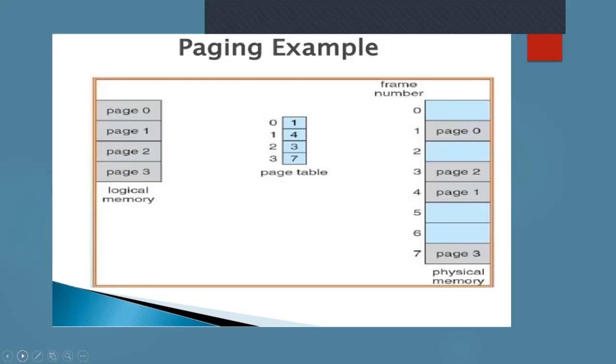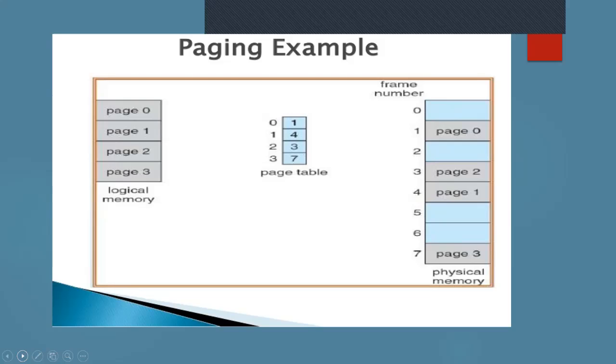Sorry, similarly in the 7th one, there is page 3. In the page table, it is seen that page 3 is mapped in frame number 7 and page 2 is mapped in frame number 3.